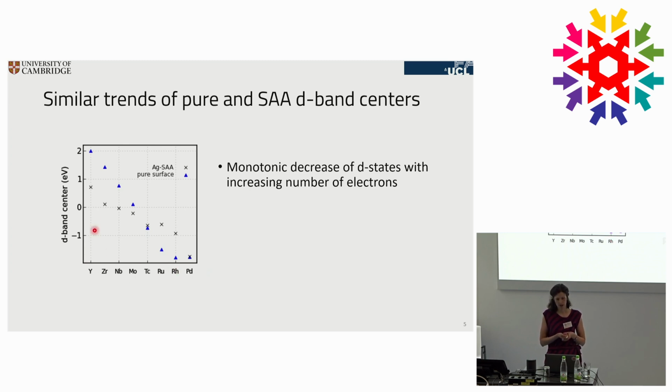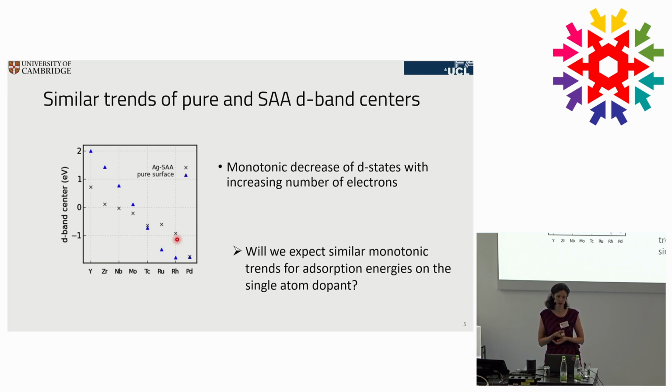We see that the trend for the d-band center of these dopant atoms is kind of similar to the pure surface d-band centers. So what we would expect now is for these single atom alloys to also show similar linear trends for adsorption energy as we go through the periodic table.